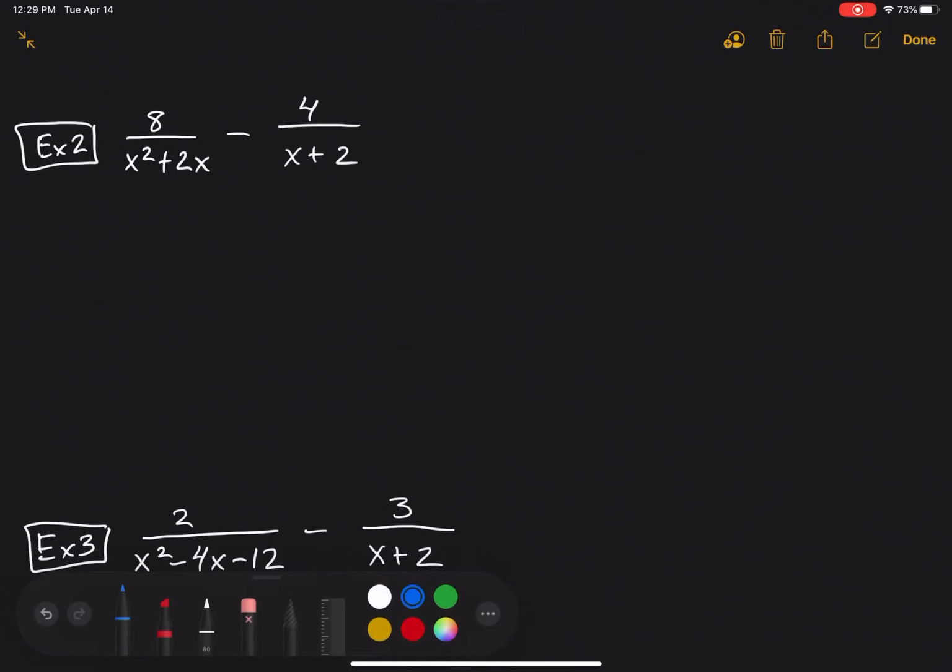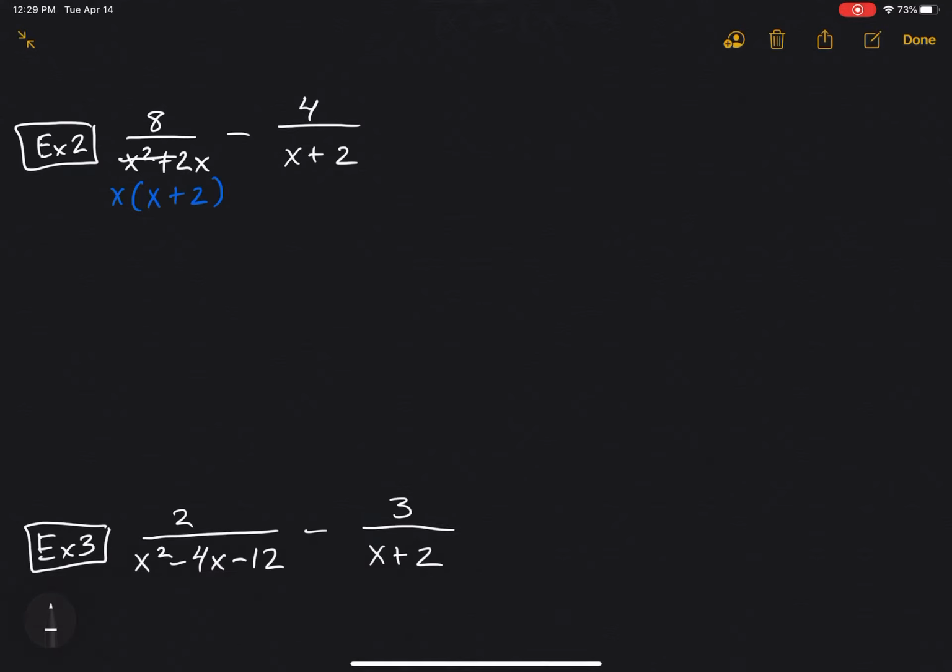So what I'm going to do is factor out the denominators when I can. In this case, x divides out from this denominator here, giving me x parentheses x plus 2. And please notice how the other fraction has an x plus 2. So the question here is, how do we get the same denominators now?